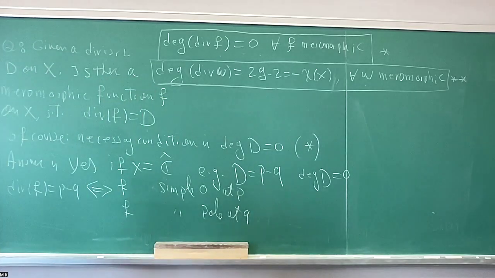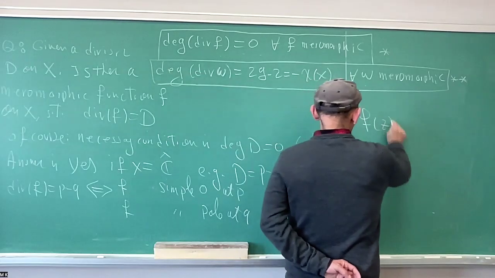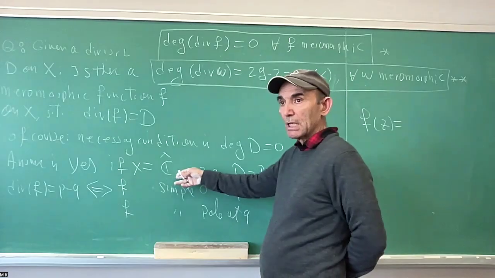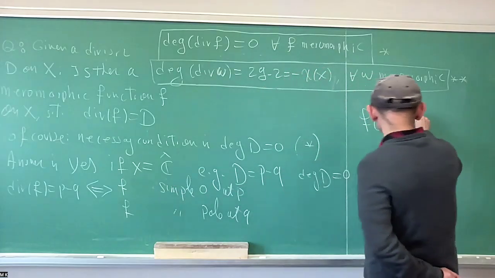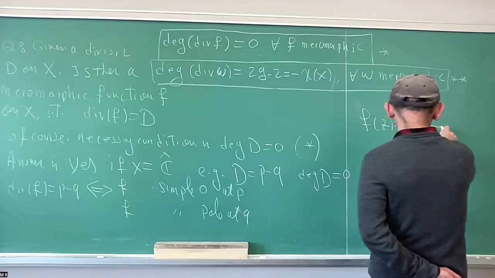That's what we want. We know that all meromorphic functions on C hat have to be rational functions. So what is it? This is just Z minus P divided by Z minus Q.